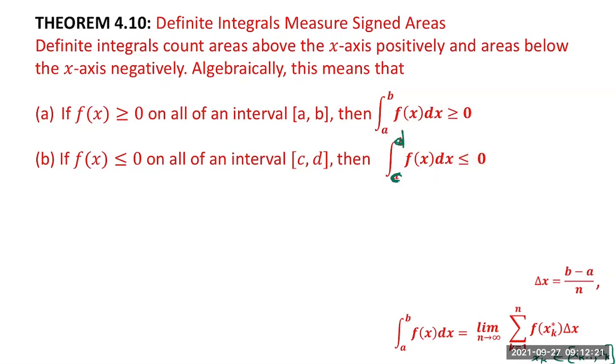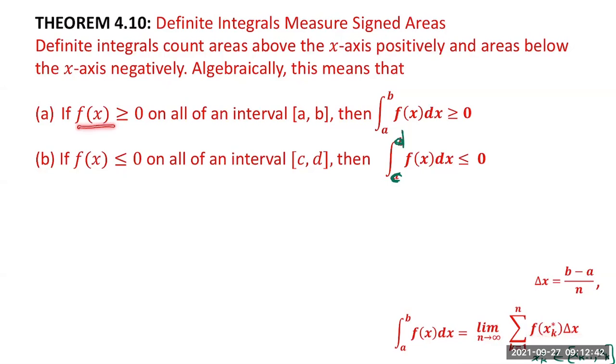Why is this true? As you can see here, if your function is positive, first of all, notice that this is the definition of the definite integral from a to b. The definite integral from a to b is defined by the limit as n goes to infinity of sigma k goes from 1 to n, f of xk star times delta x.